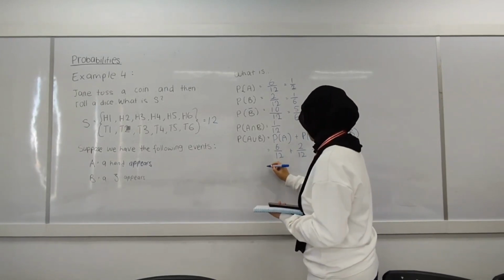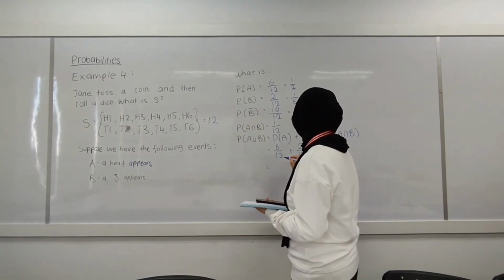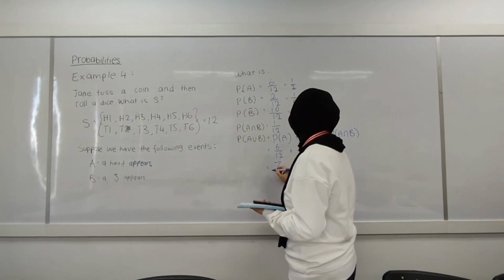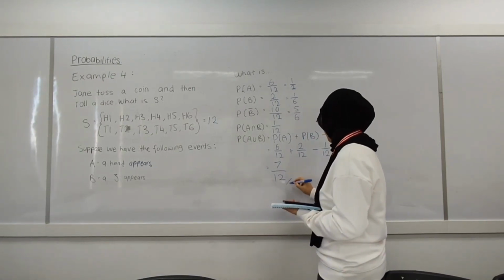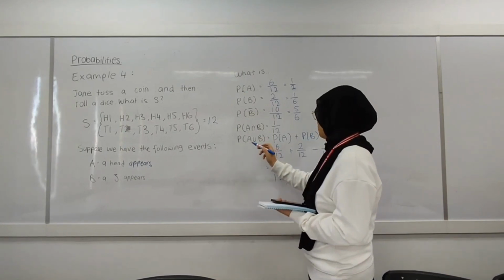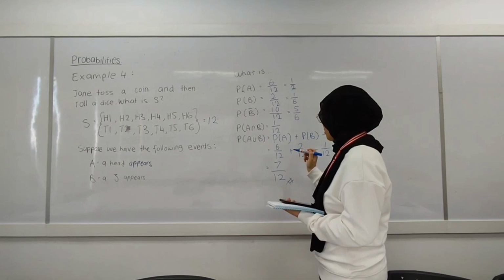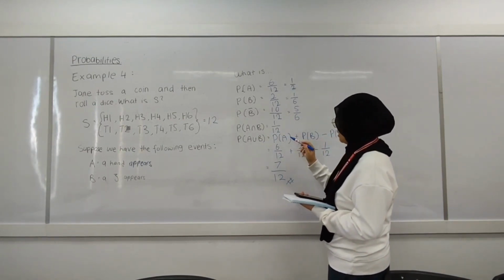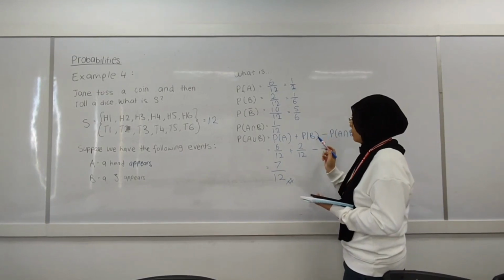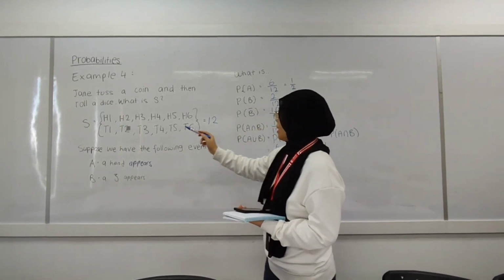We can get 6 plus 2 minus 1, which is 7 over 12, for the probability of A union B. Why must we subtract 1? Because in the probability of A and the probability of B, we already count the H3.